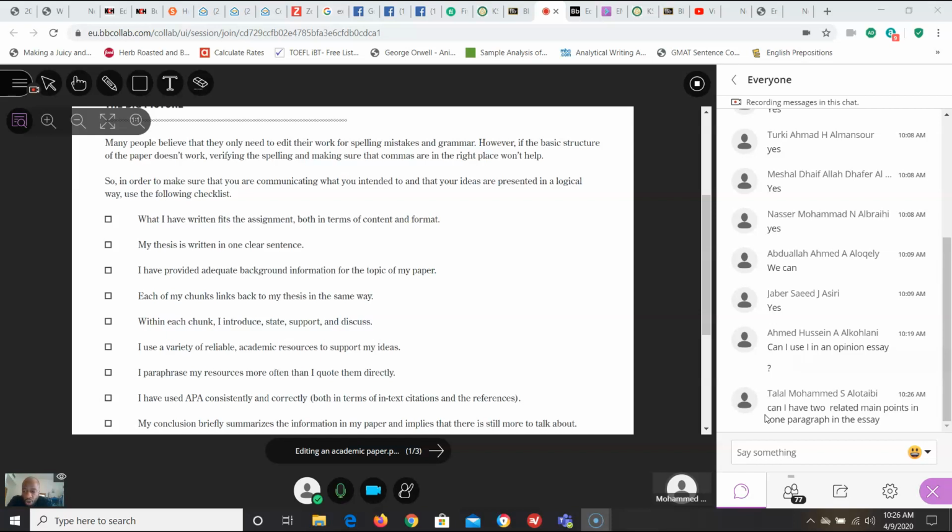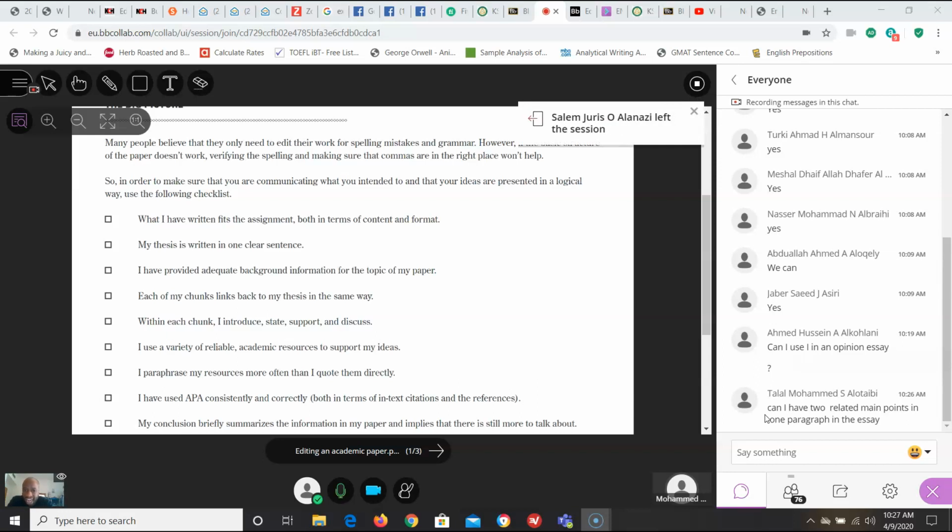Every paragraph should only deal with one topic, and then the supporting details support that one main idea. That's why establishing strong topic sentences is very, very important. All right, let's move on to the next one.